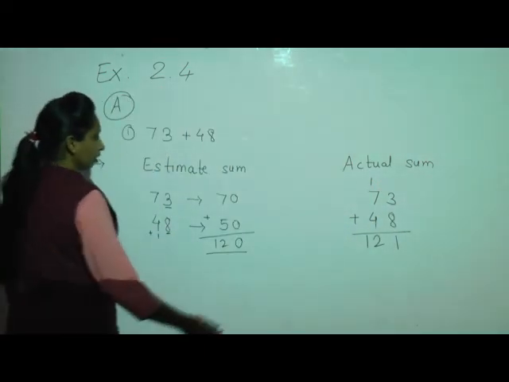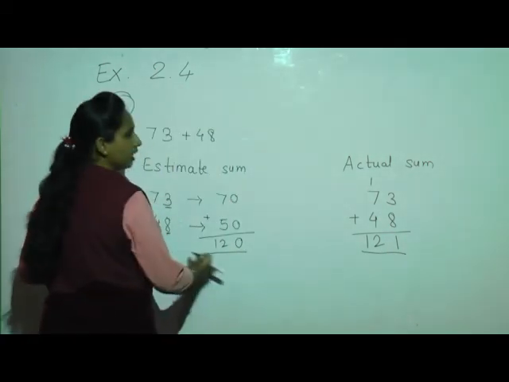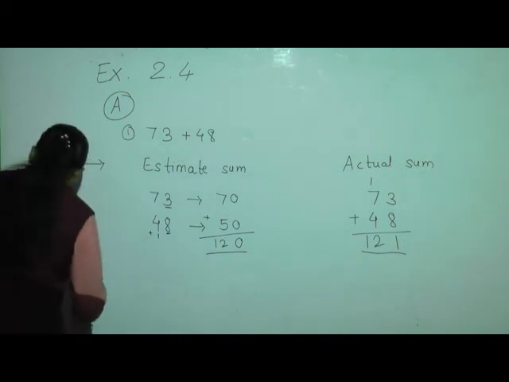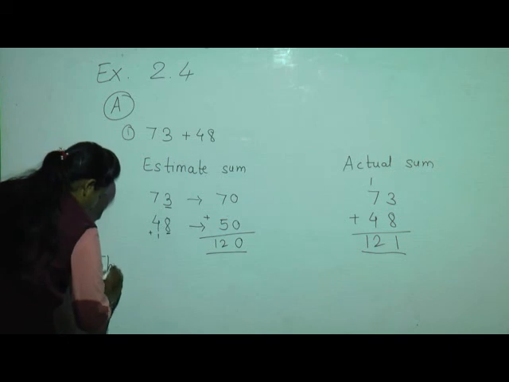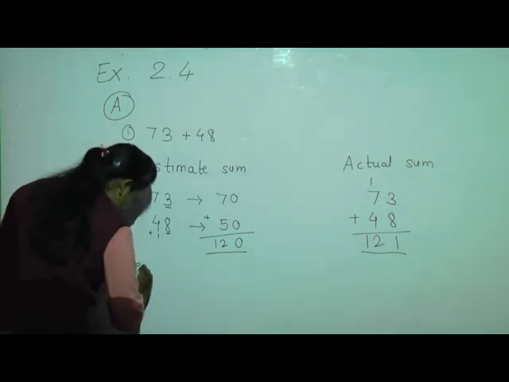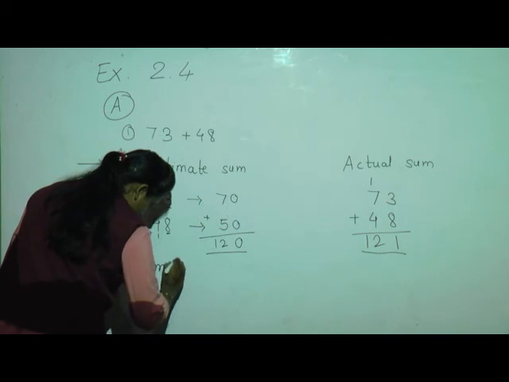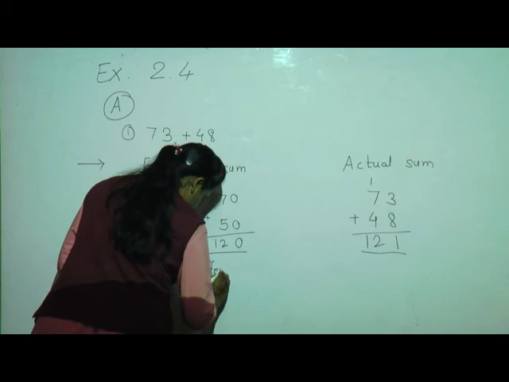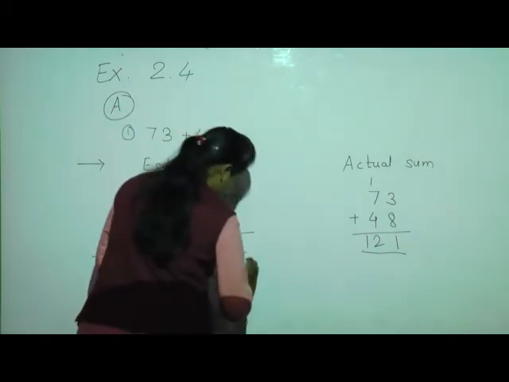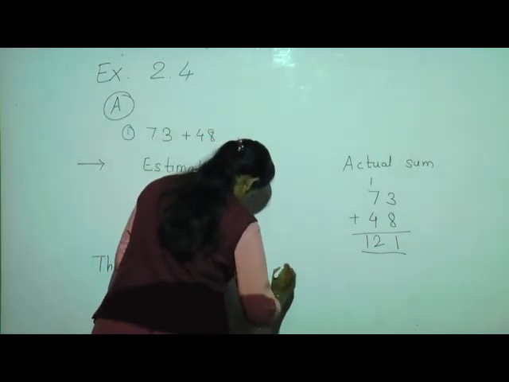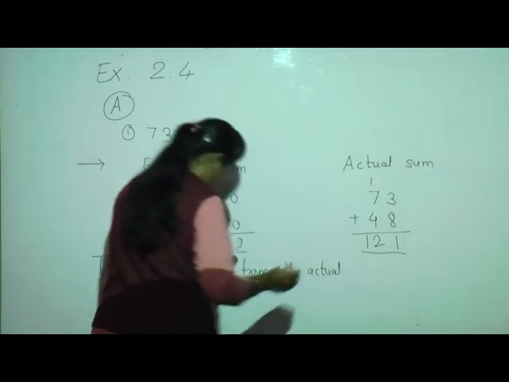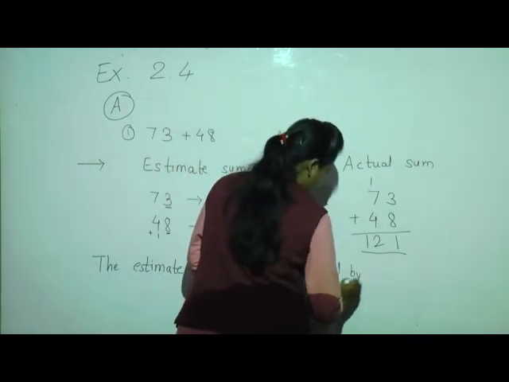Now see. The estimate sum is 120 and the actual sum is 121. So how can we write here? What do you have to write here? The estimate differs from the actual by how many?